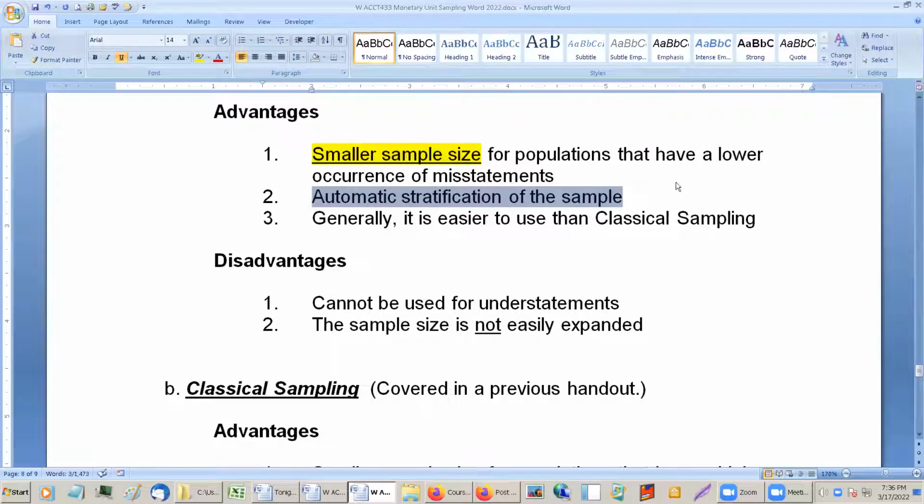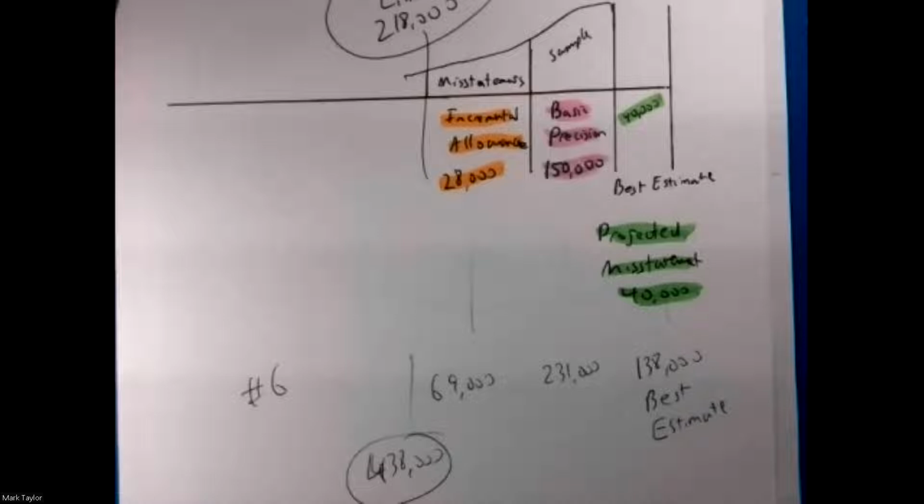Automatic stratification of the sample. I don't think we talked about that. Maybe we did. I don't think we did. Stratification of sample, we'll talk about this in the next sampling handout. Stratification means you're more interested in larger dollar amounts, right? You're more interested in the $25,000 account rather than the $25 account.